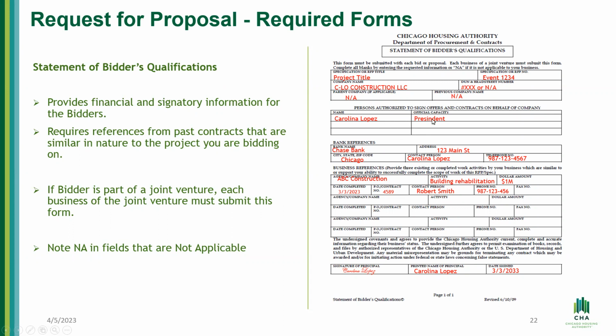The person authorized to sign offers and contracts on behalf of the company, in this case, my name, president. For the bank's references, you should enter the bank address, city, contact person, and the telephone number.